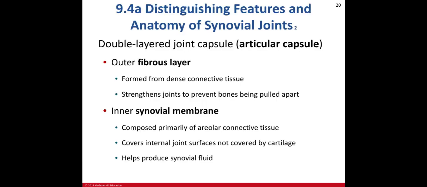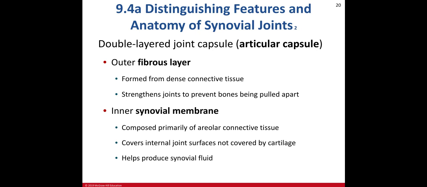Okay, so let's look at these features and how these synovial joints work now that we've got that video that gave us the broad overview. So first, if we look at the anatomy of the joint, it is this double-layered joint capsule called the articular capsule.